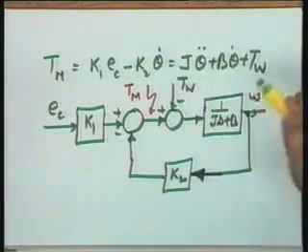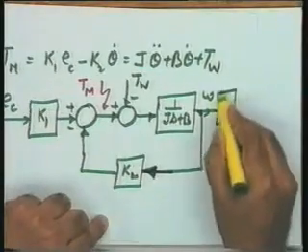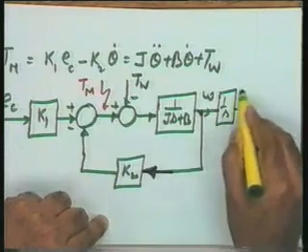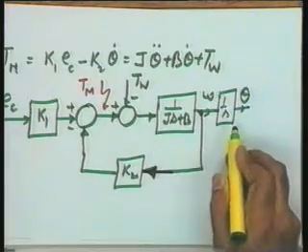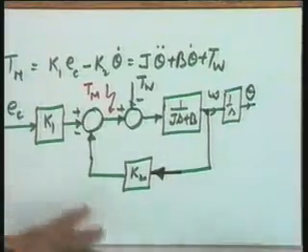You have not connected any device to give this feedback. This is an inherent feedback loop in the system, identical to the situation we had in an armature controlled DC motor. So this omega, if you are interested in theta, you can put 1 over S over here and a transfer function between theta and EC, or a transfer function between theta and Tw is available.